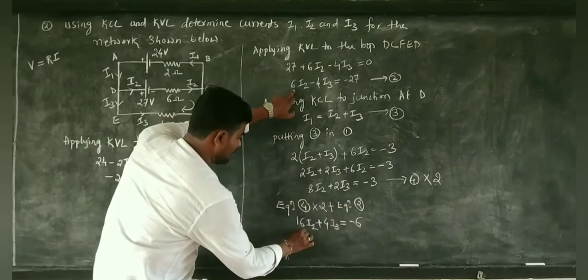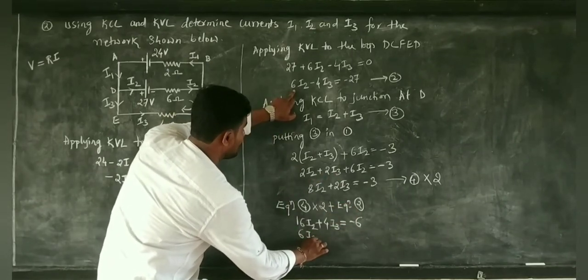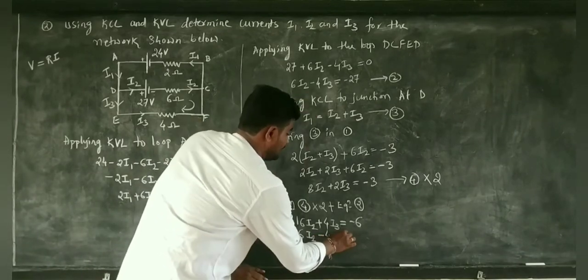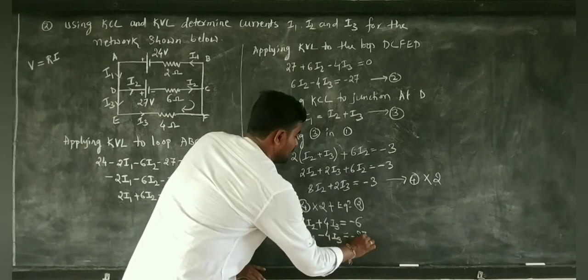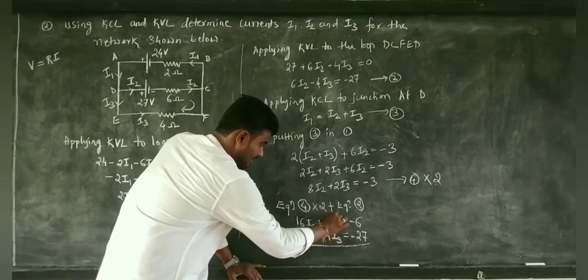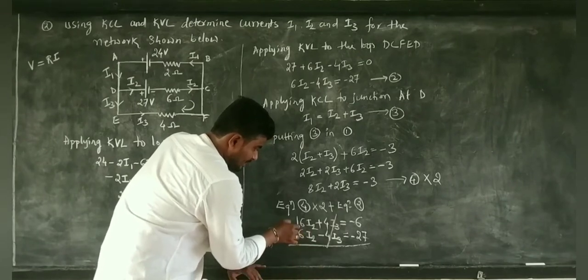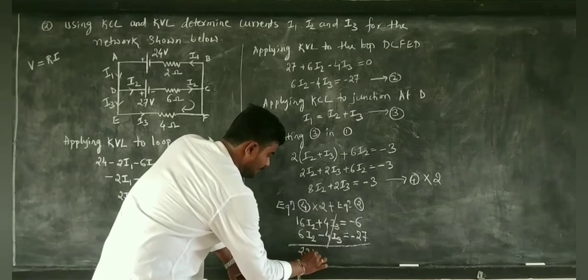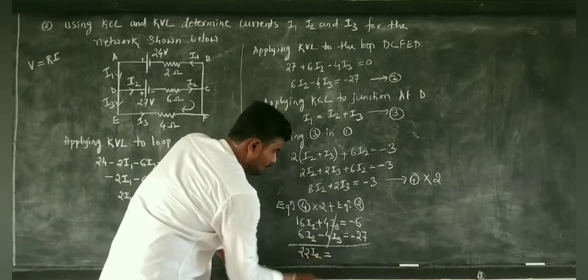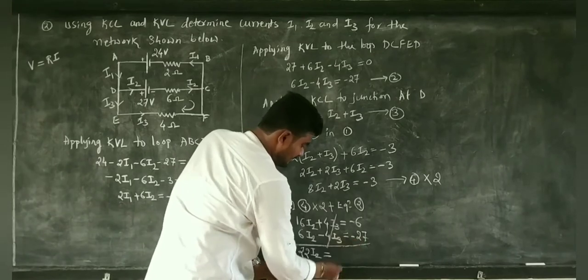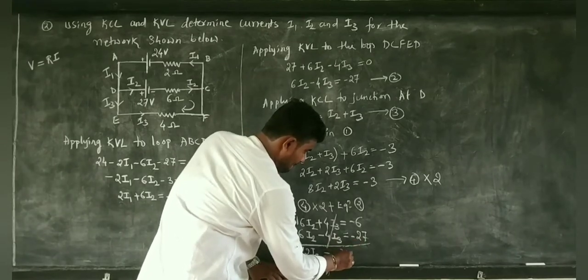Equation 2 is this one, 6 I2 minus 4 I3 is equal to minus 27. See here, plus 4 I3 minus 4 I3 cancels. What remains? 16 I2 plus 6 I2, it is 22 I2 is equal to minus 27 minus 6. How much is this? This is minus 33.